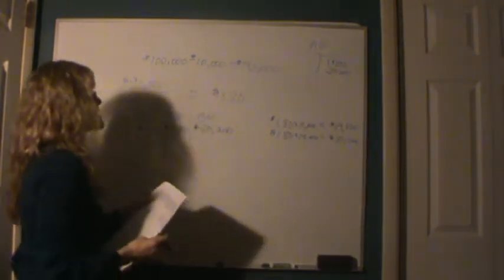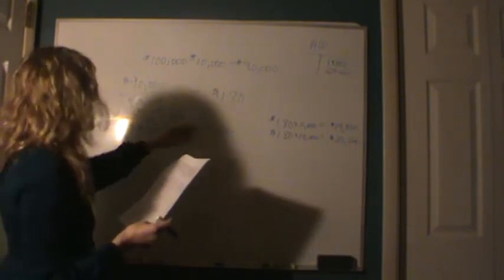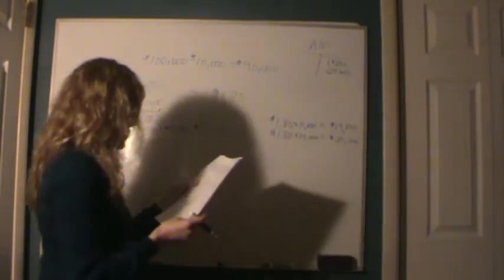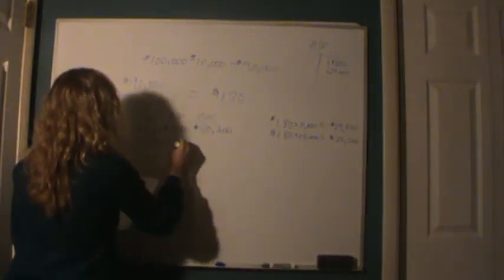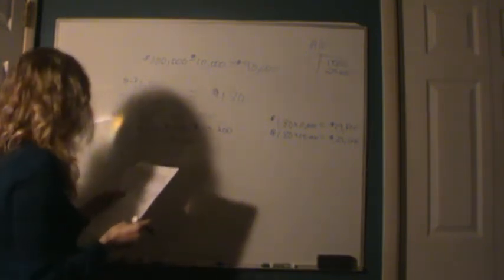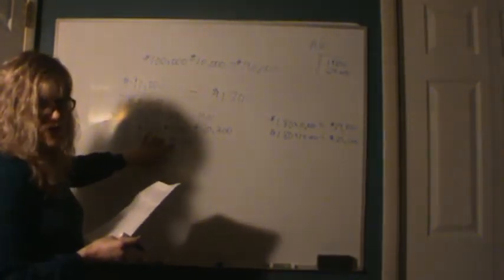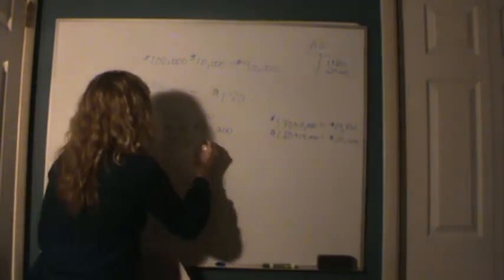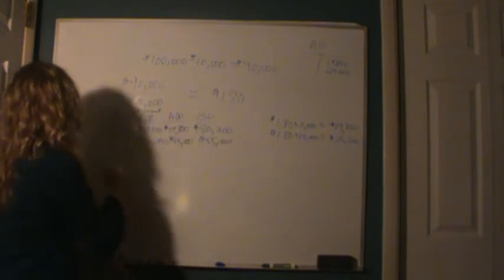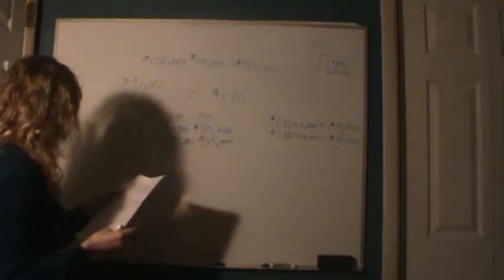We're going to add that on to the 19,800 for our total accumulated depreciation. 19,800 plus 25,200 is going to give us a total accumulated depreciation of 45,000. Again, if we take 100,000, subtract our accumulated depreciation of 45,000, that gives us a book value of 55,000 at the end of 2013.